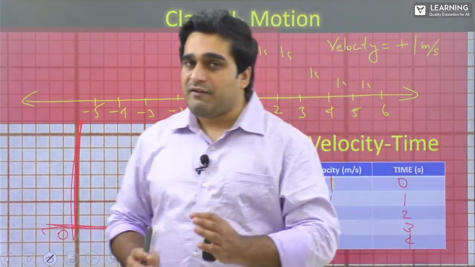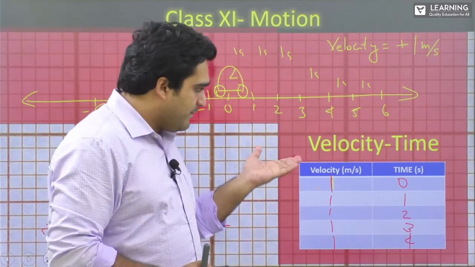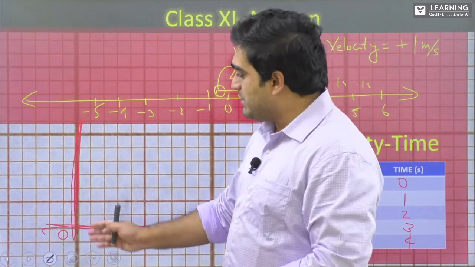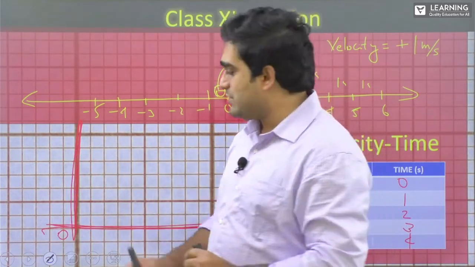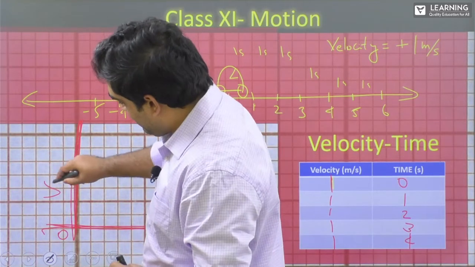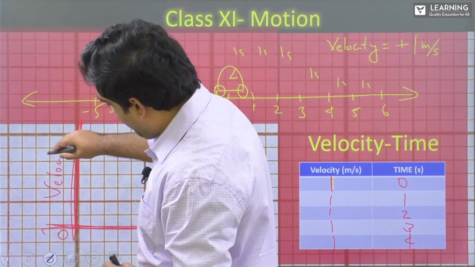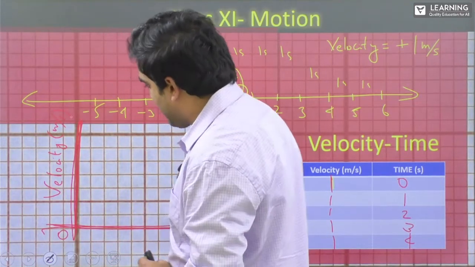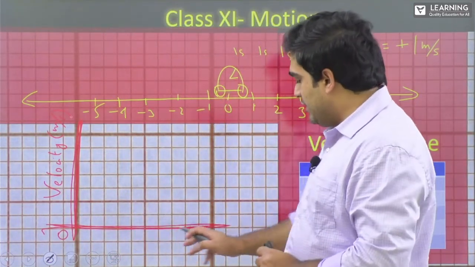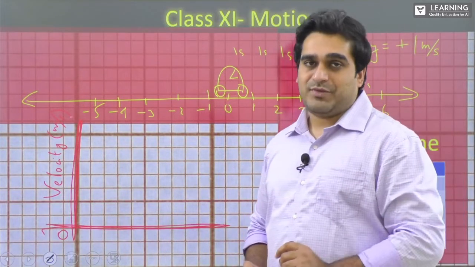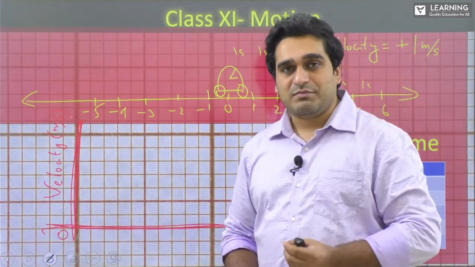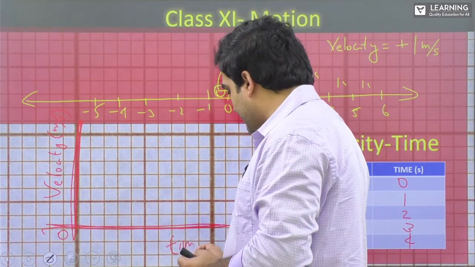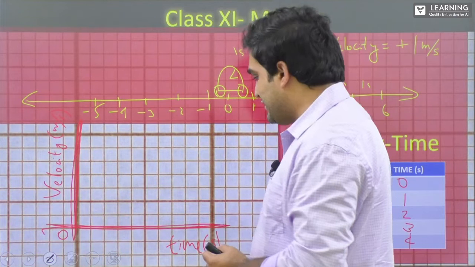Since the type of graph we are trying to achieve here is a velocity time graph, we represent the y-axis by velocity, whose unit is meter per second. Similarly, along the x-axis, what physical quantity can you represent? Time. And what is the SI unit of time? Seconds.